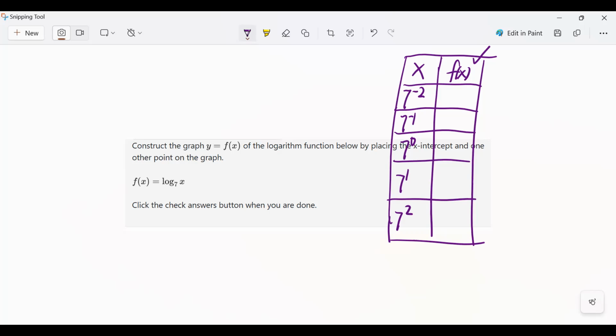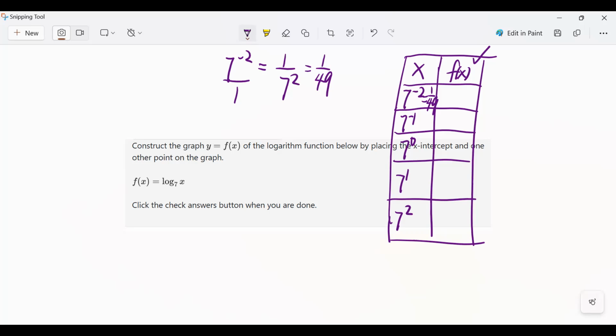Let's go over the solution here. The reason why I picked this is because it will give us the y values. So 7 to the negative second power, if you convert it back to the fraction, it will be 1 over 7 squared, 1 over 49. So this is 1 over 49.